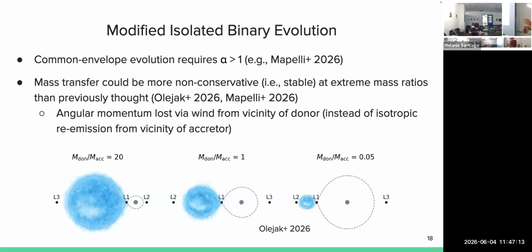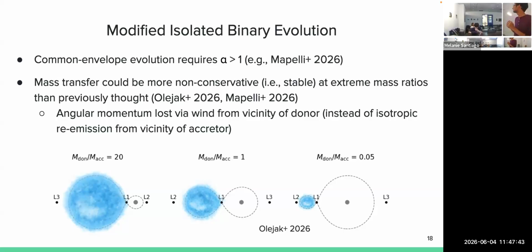In layman's terms, or at least the way I understand it, we can see down here how the geometry of the mass transfer looks for different mass ratios. With an equal mass ratio binary, it looks like a little deformed ellipsoid. And then at a very extreme mass ratio, you are basically feeding a poor little low mass stellar companion with this hose of material, and the cross section that you see is quite small.